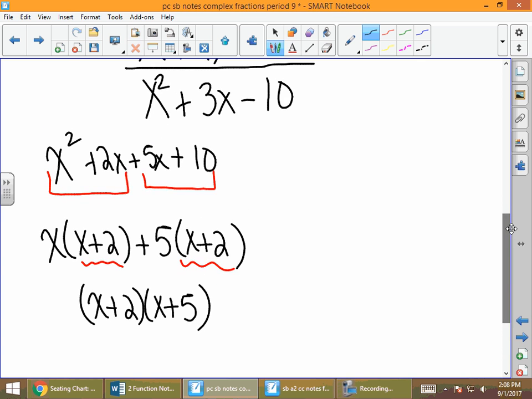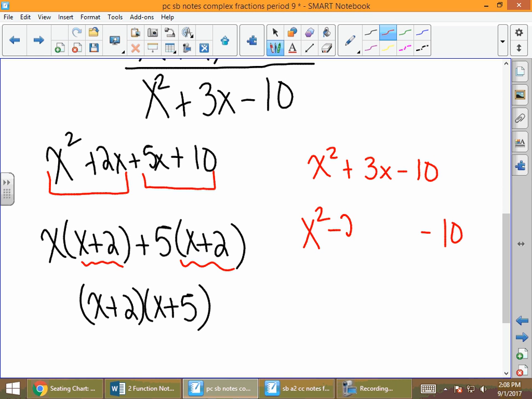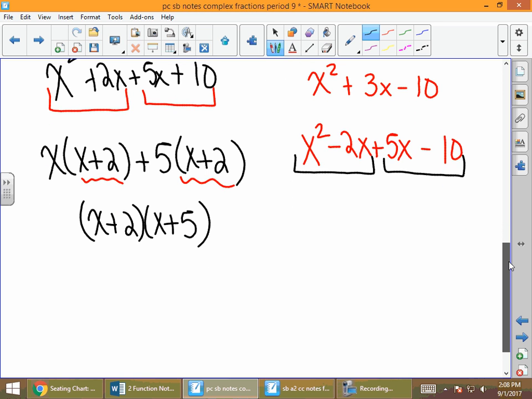When we look at the denominator, we've got x squared plus 3x minus 10. Well, is there anything that combines to be 3? 2. Negative 2. Negative 2 plus 5. And once again, we group. Here's a group, and here's a group.